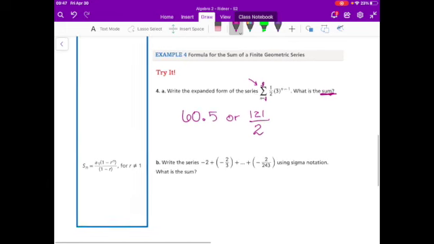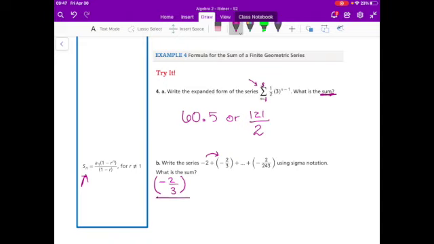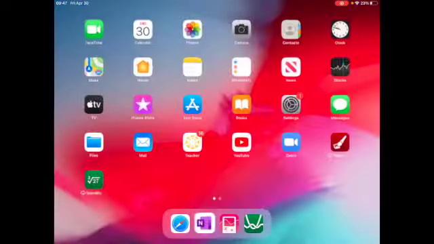And then the last problem of the day, there is a formula to use if you are feeling up to it. If not, that's okay. So first thing we need to do is figure out, in this pattern, what is R? So we need to do negative 2/3 divided by negative 2 to figure out what R is.